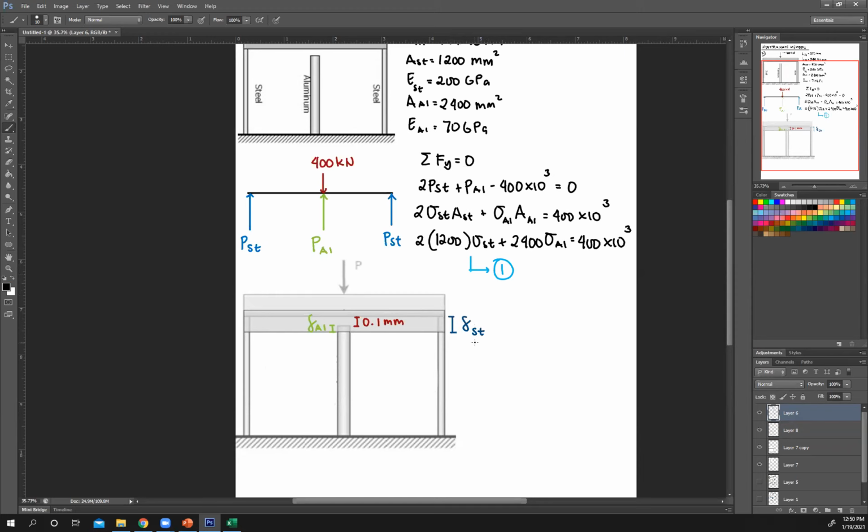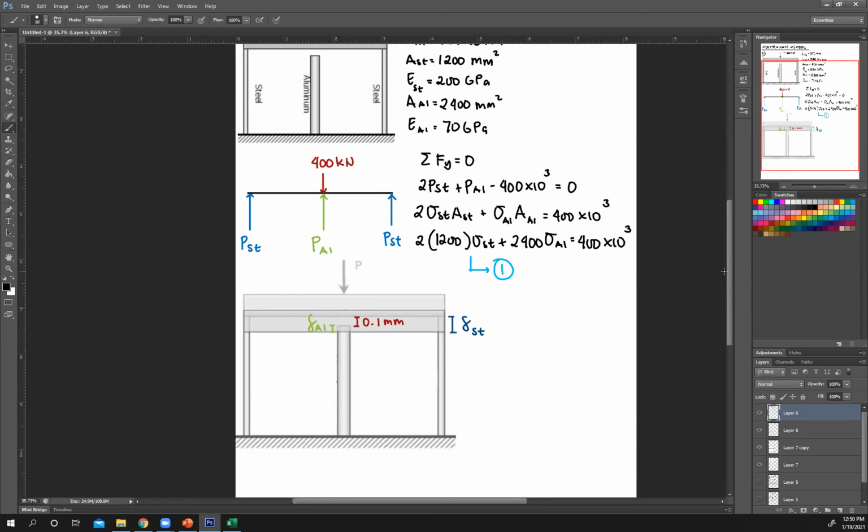Our assumption is this force is enough to close the gap, but it's also enough to compress your aluminum bar. So after moving downward, it's going to move further and compress your aluminum bar. This is the original position of your aluminum bar, and this is the final. So it compressed by this amount, that's your deformation of aluminum bar.